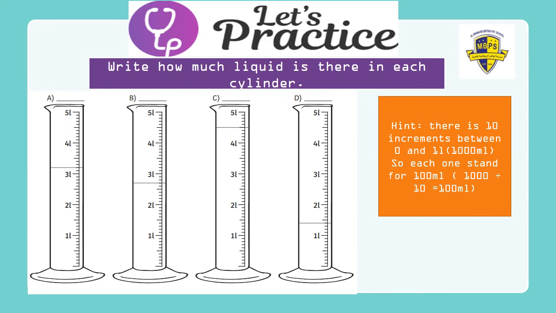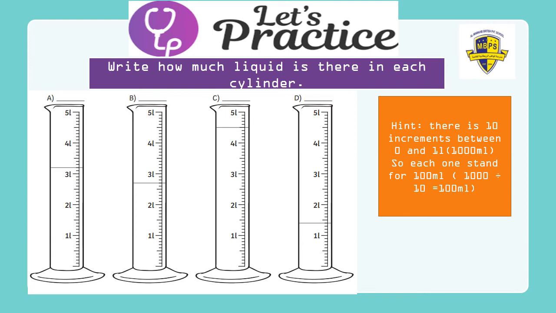So now each one, what do you think? This represents what? This represents 100 milliliters. Good. Why 100 milliliters? Because 1 liter equals what? 1000 milliliters. And 1000 divided by 10 equals 100 milliliters.